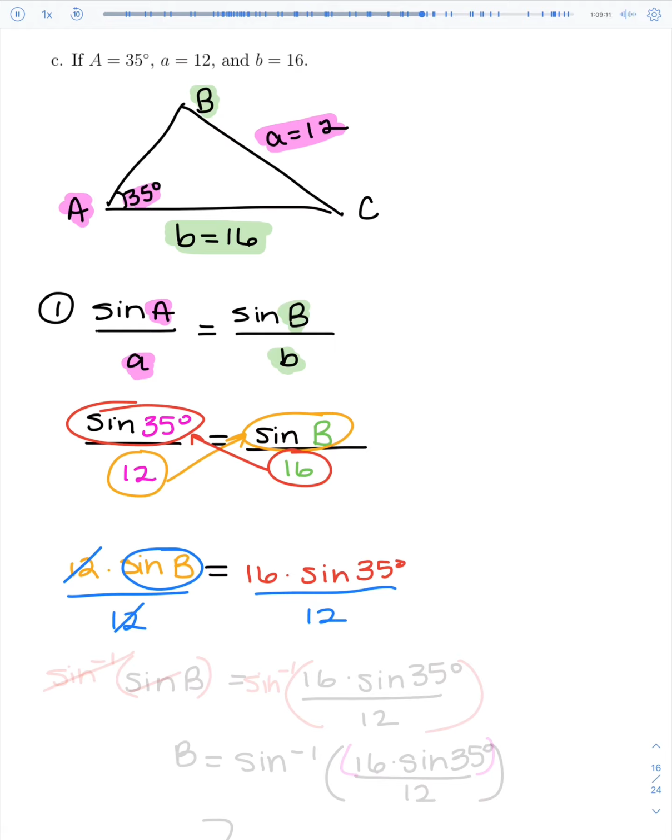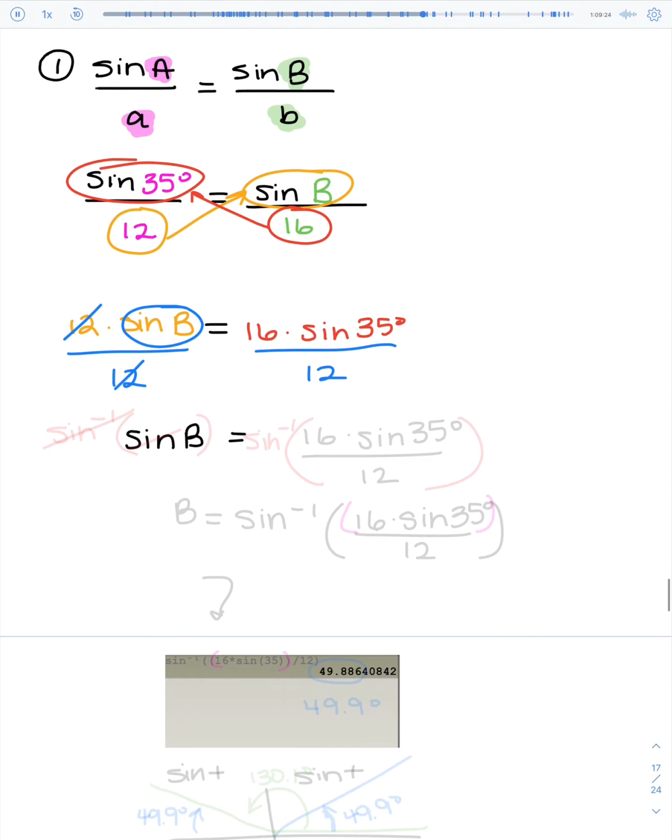The more accurate our answer will be and the less likely that we will get marked wrong on MyMathLab for rounding slightly off. So we'll leave this as sine of B equals 16 times sine of 35 degrees over 12.